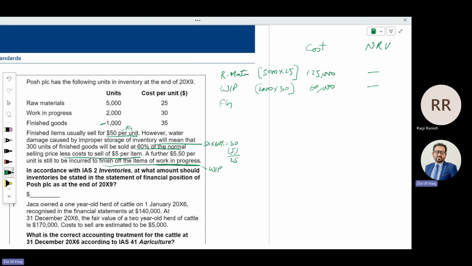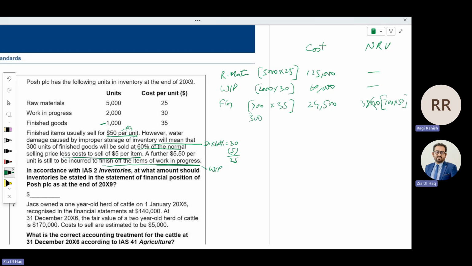In finished goods, we are having 700 separate units whose cost is 35. What's that? 24,500. And whose NRV for 700 is 35,000. So we will ignore it. Lower of cost or NRV.